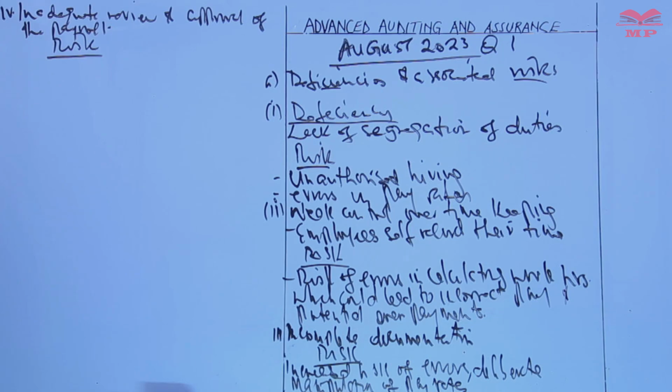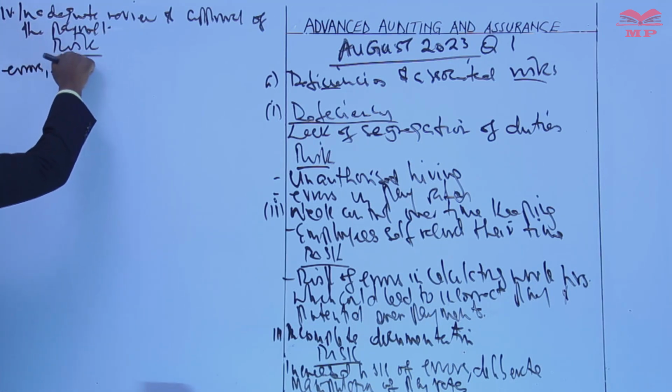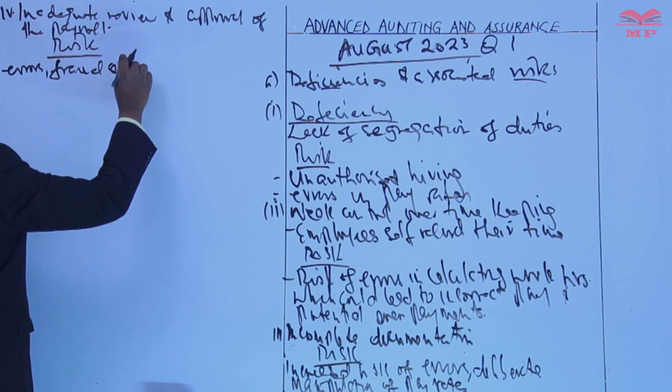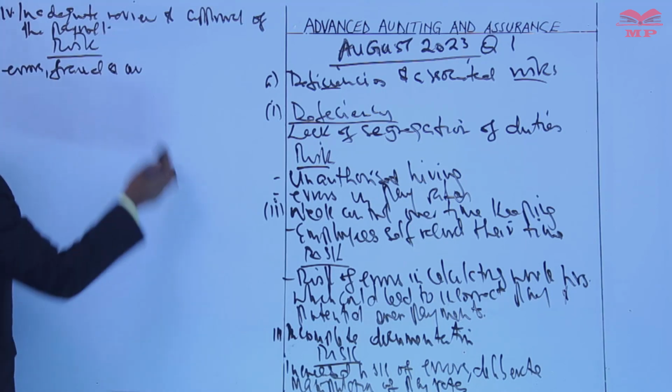So the reason why this company needs another officer to review the work of the foreman and the accountant is to identify errors or fraud or even unauthorized payments. So the risk here is a risk of errors, fraud, and unauthorized payments.